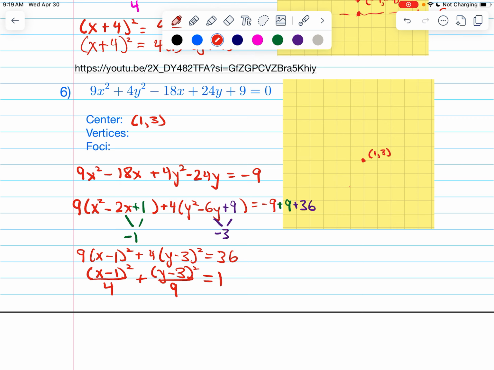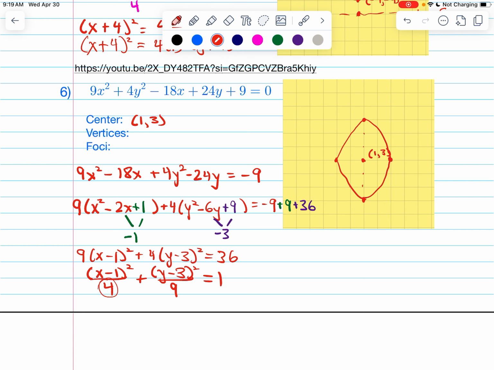Now, the bigger number is under the y. So I'm going to go up 3, 1, 2, 3, and down 3, 1, 2, 3. And then I'm going to go left and right 2 because of this. And I'll go ahead and sketch my ellipse. There we go.